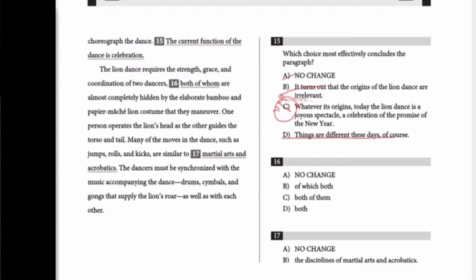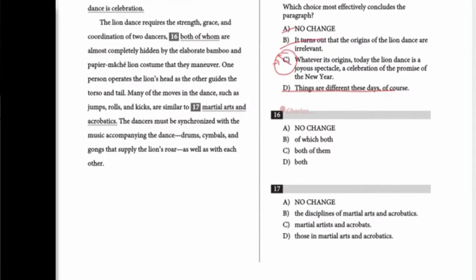15 is C. 16, the lion dance requires the strength, grace, and coordination of two dancers, comma, both of whom are completely hidden by the elaborate bamboo and paper mache lion costume that they maneuver. Okay, so this looks like it's going to be a relative pronoun, whether it's an object or a subject pronoun.